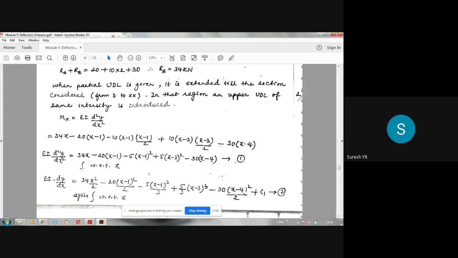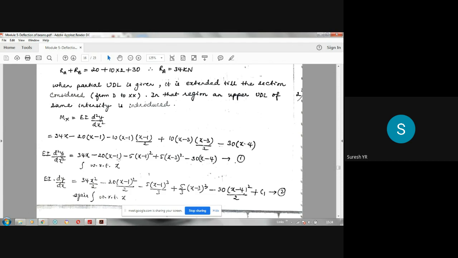As usual, you will get the slope equation, EI into dy by dx. Integrate this. 34 into x square by 2, minus 20 into, so this x minus 1 should be integrated as x minus 1 whole square by 2. So we have to treat this x minus 1 as x only and integrate it.